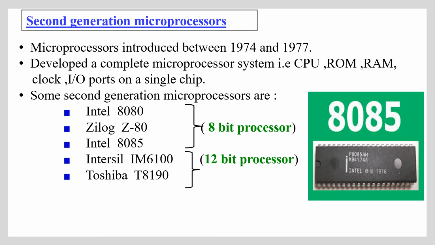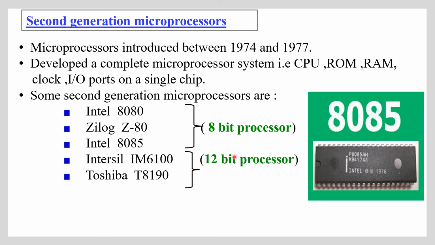Second generation microprocessors. These microprocessors were introduced between 1974 and 1977. In 1974, the Intel 8080 and Zilog Z80 were introduced, and all these were 8-bit processors.